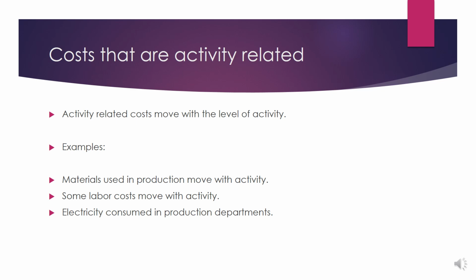Likewise, labor costs move with activity, and the electricity that is consumed in the production departments also moves in relation to level of activity. So these are examples of costs that are more closely related to activity in any organization.